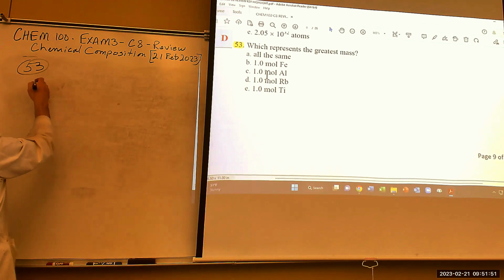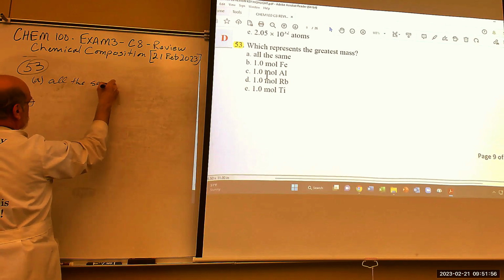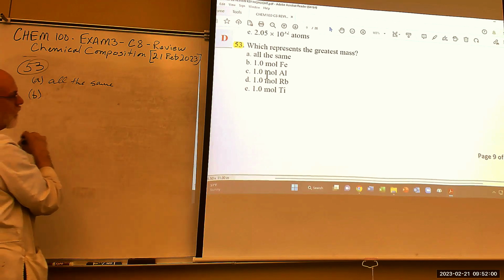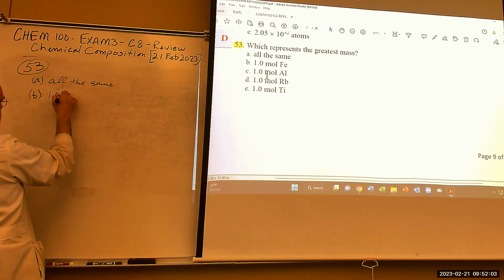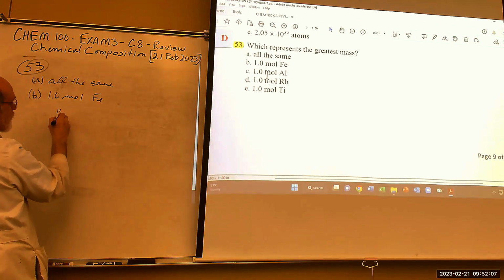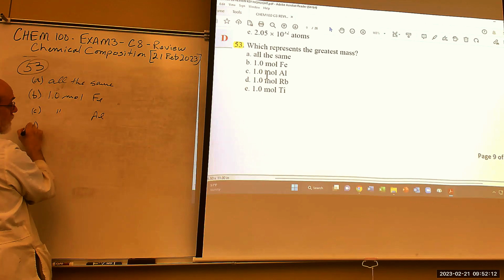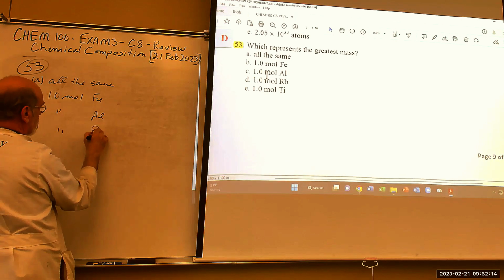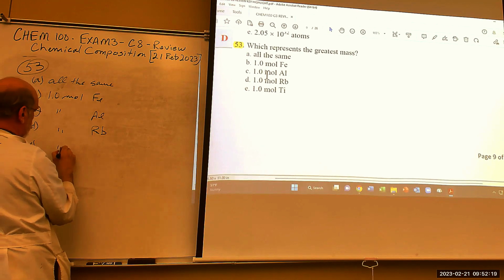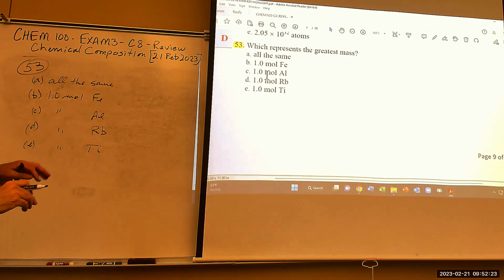So these are our choices. All the same? We don't know that unless we work every one of them. B, 1 mole of iron. 1 mole of aluminum. 1 mole of rubidium and 1 mole of titanium. You got a mole of each. Which is the greatest mass?